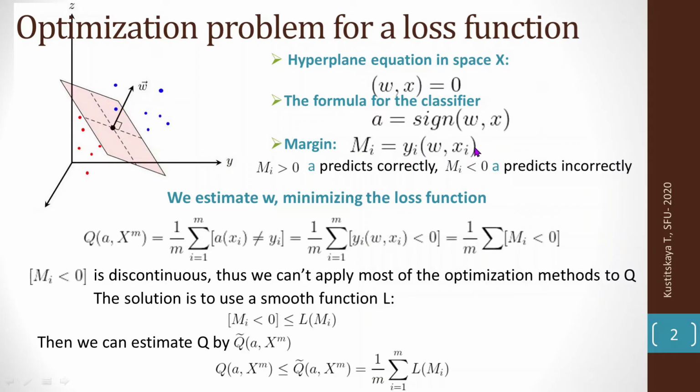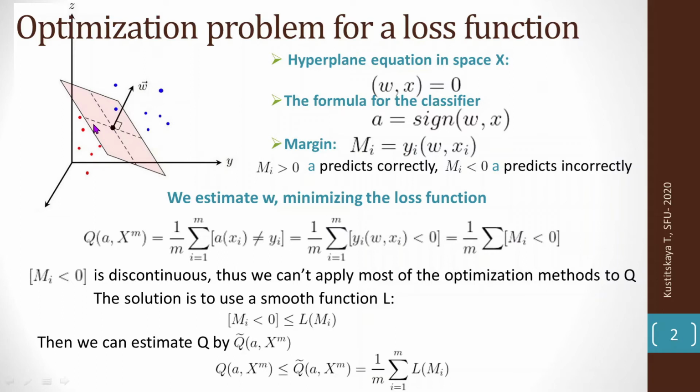When we multiply two positive numbers, we get a positive value for the margin. But if our classifier predicts incorrectly, the sign for the scalar product will be minus, and the product will be negative.